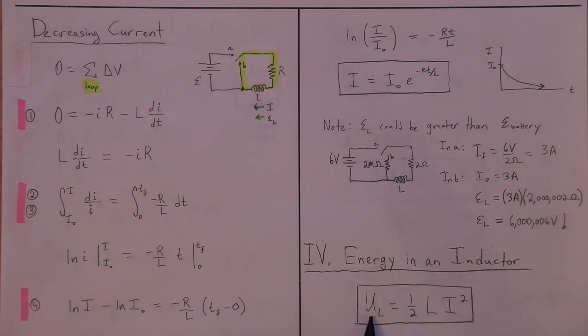When we studied this, I used the formula for kinetic energy as a sort of building block or a mnemonic device to help you remember this formula. 1/2 mv squared, so this is like v, the current, and this is like the mass, right? And we talked about that earlier. Inductance is like an inertia. So it's kind of like 1/2 mv squared.